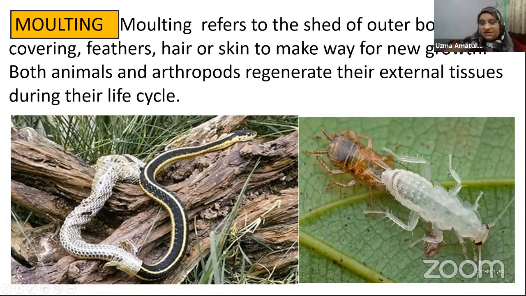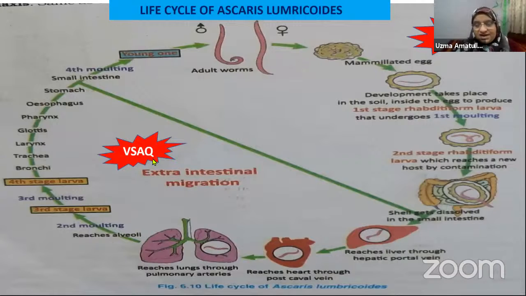Now, this is the life cycle. You have to prepare this diagram well and practice well. For your LAQ, that is the essay question, you will have this diagram. And this is a very short answer. It is about extraintestinal migration: leaving the intestine, how the larva travels outside the intestine, that is to the liver, to the heart, and to the lungs.